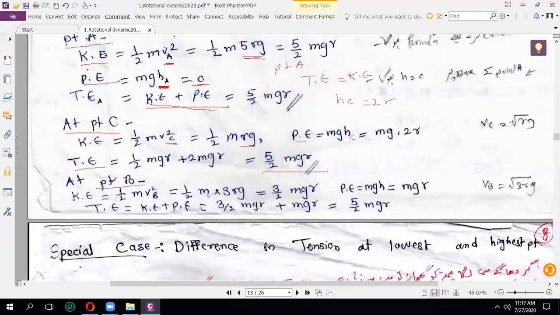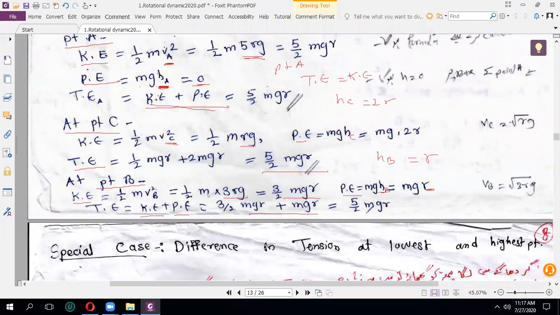Now at point B, the kinetic energy is half m v square B. v square B is 3Rg, so it becomes 3 upon 2 mgR. Second, we calculate the potential energy. At height Hb, the height is R, so we replace Hb by R and it becomes mgR. Now the total energy is kinetic energy plus potential energy, which is 3 upon 2 mgR plus mgR.